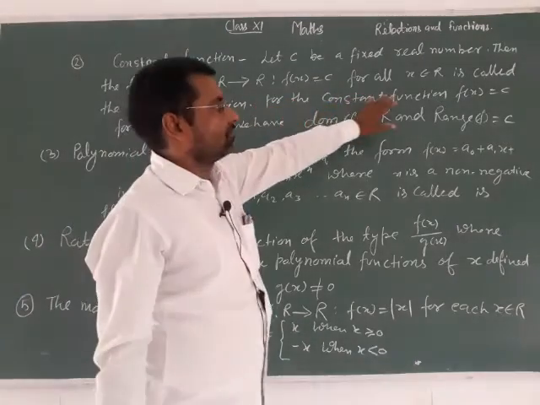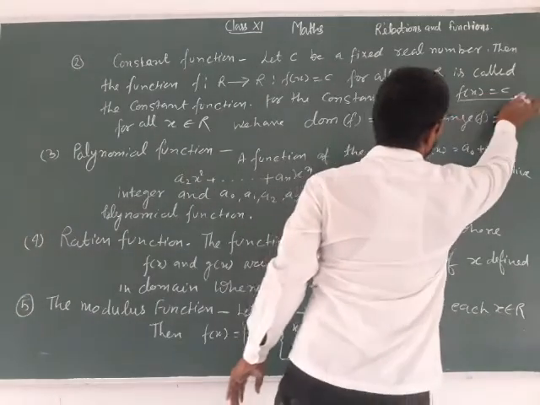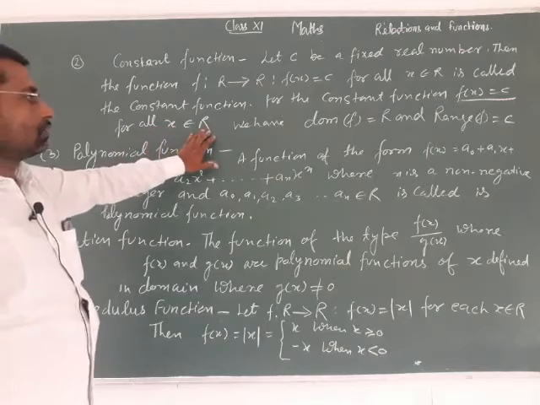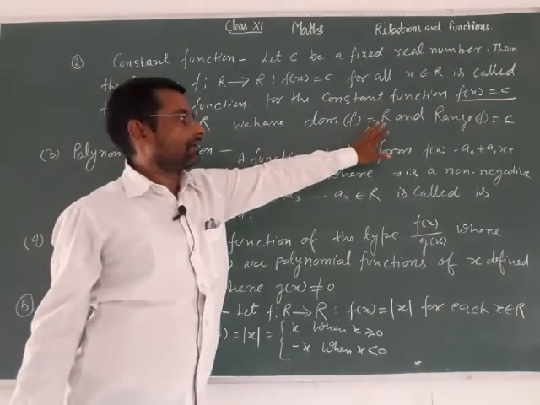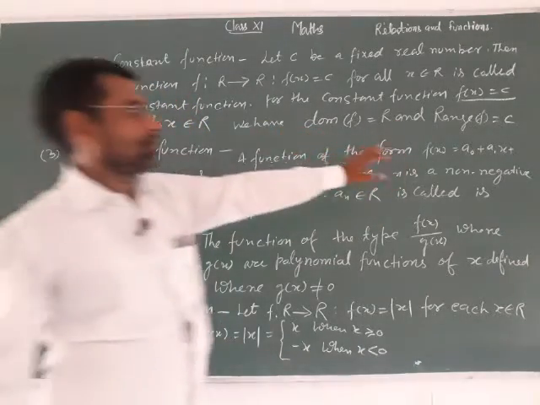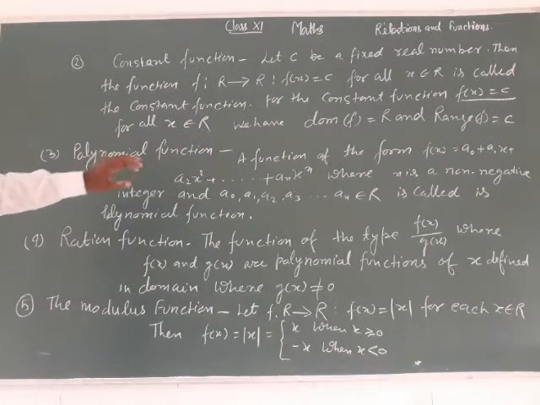For the constant function, domain F is equal to R and range is equal to {c}, where c is a real number.